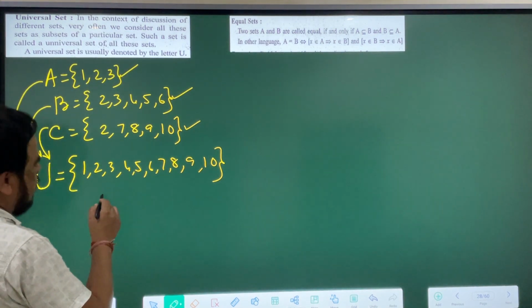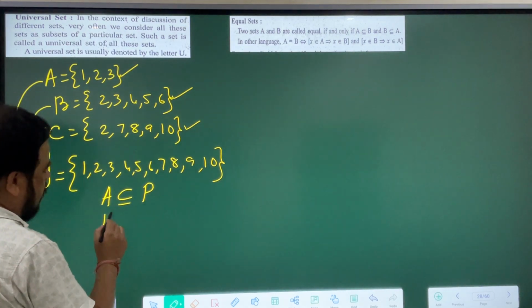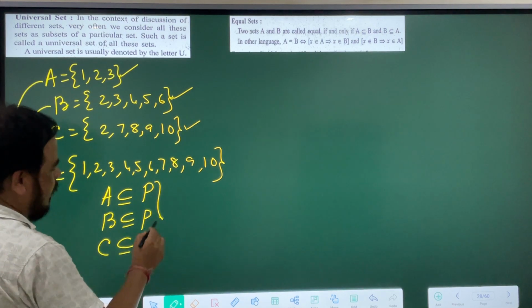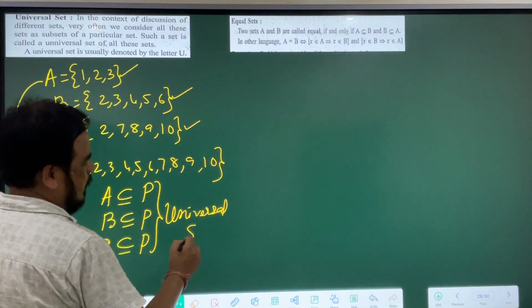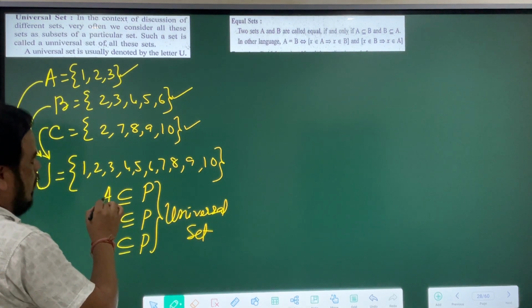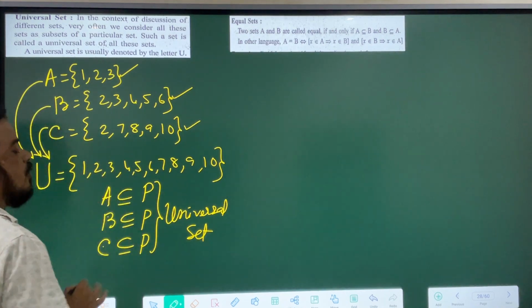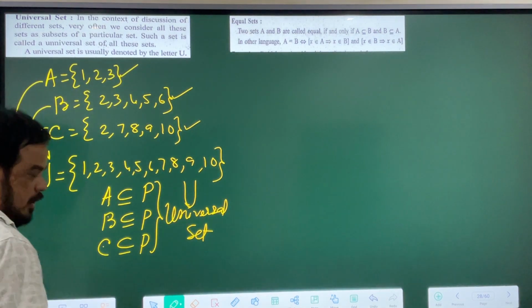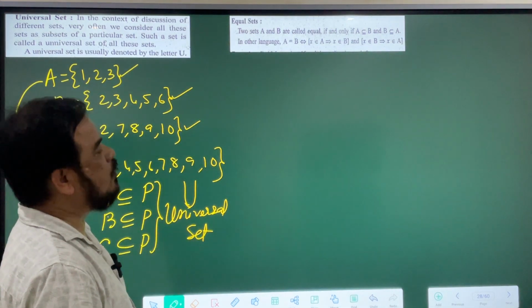So that means, suppose A is a subset of P, B is a subset of P, and C is also a subset of P, then P will be called a universal set. I hope you understand. All the elements of A, B and C are present in one set, that is P, so P will be called universal. But generally we use the capital letter U for the universal set.